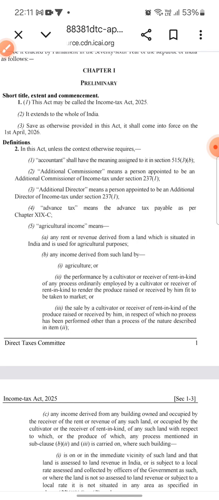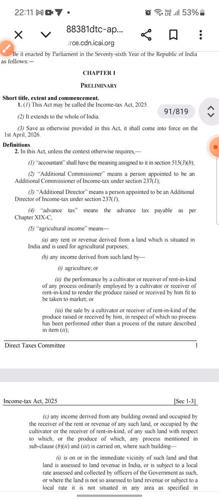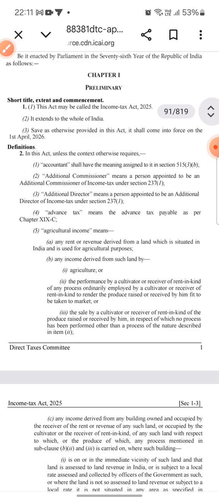Accountant shall have the same meaning as is assigned to it in section 515 subsection 3 clause B, meaning thereby that the accountant mentioned and assigned in section 515 subsection 3 clause B will be the accountant. Additional commissioner: who would be the additional commissioner for the purpose of Income Tax Act 2025?